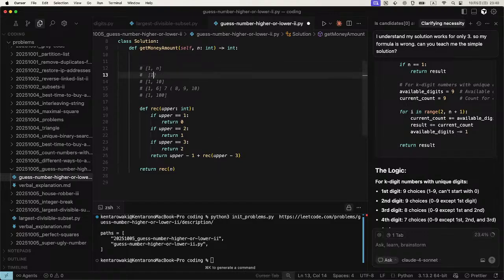Is this correct? 1, 2, 3, 4. The worst case is guess 1 at first.